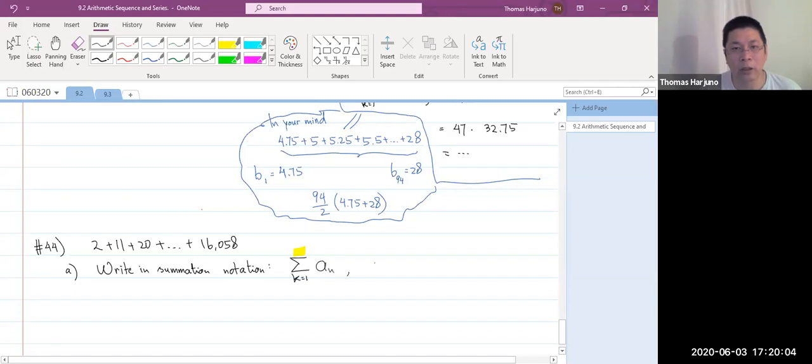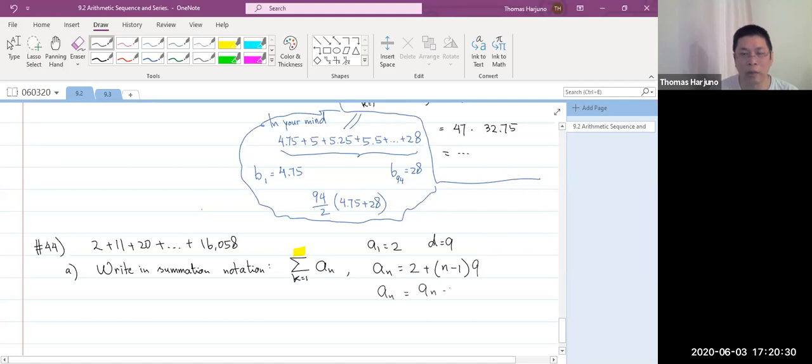Now the nth term, the general term, is unknown. But what is the first term? The first term is 2. The common difference, I think, is 9, right? So I can find the general term with this. This is 9n minus 7.